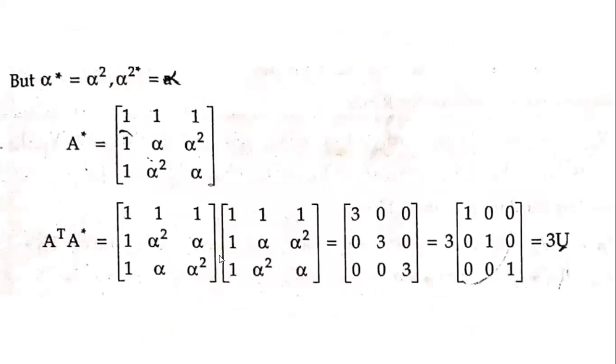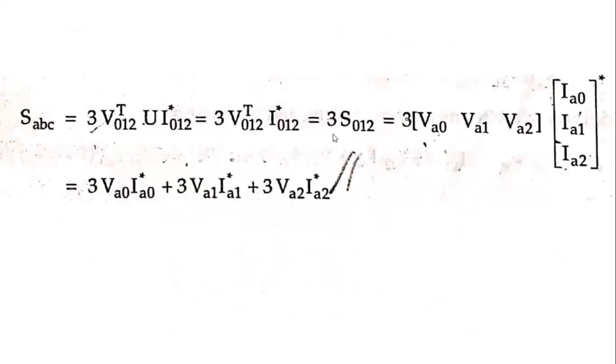Similarly, we write S012 in terms of the zero, positive and negative sequence symmetrical components: that is equal to 3 into VA0, VA1, VA2 into IA0, IA1, IA2 conjugate. By multiplying voltage and current, this will be written as SABC.